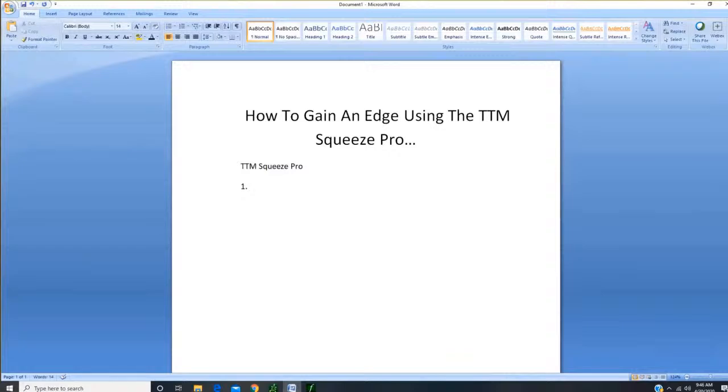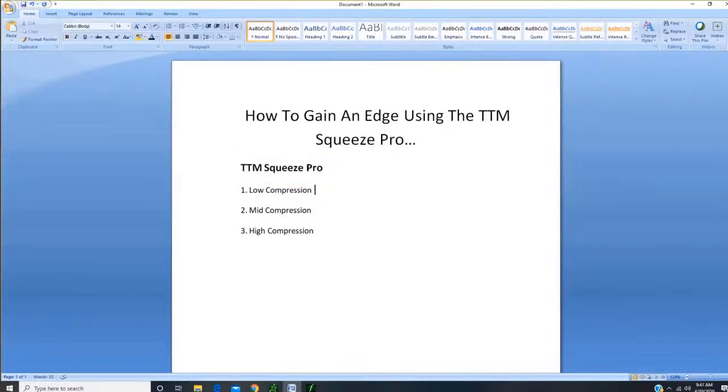We have the low compression, we have the mid compression, and we have the high. Now, you might call it something else, but that's what I call it. And I didn't create this indicator. It was created by a gentleman named John Carter. I think he calls it low, mid, and high. And if he calls it low, mid, and high, then guess what? That's good enough for me.